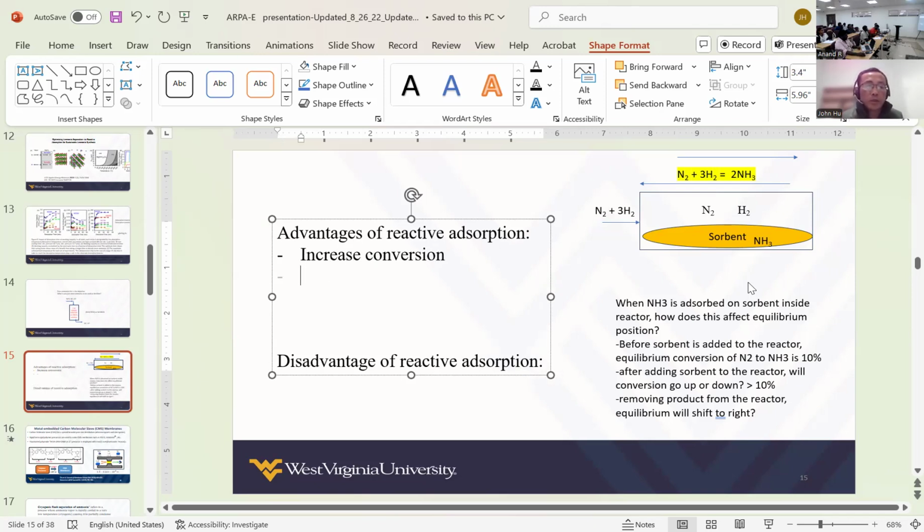Anything? Anybody can think of something else? What's the advantage? Keep in mind that you add a solvent in the reactor. Separation of gaseous state and solid state, liquid state is easy. Ammonia.